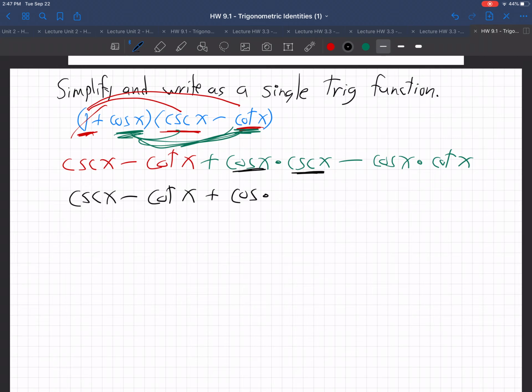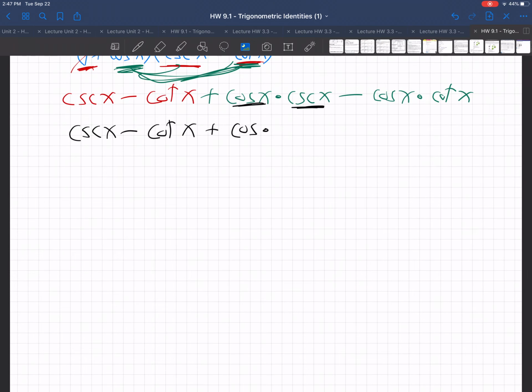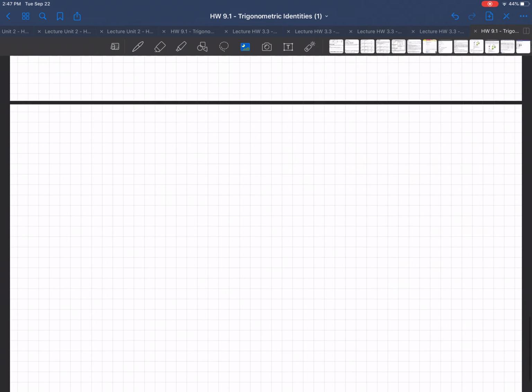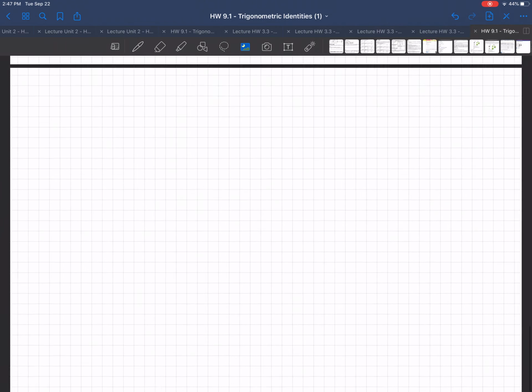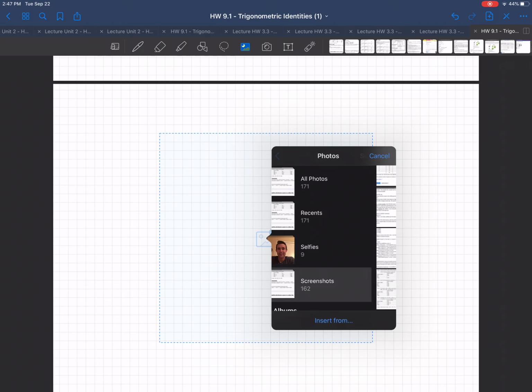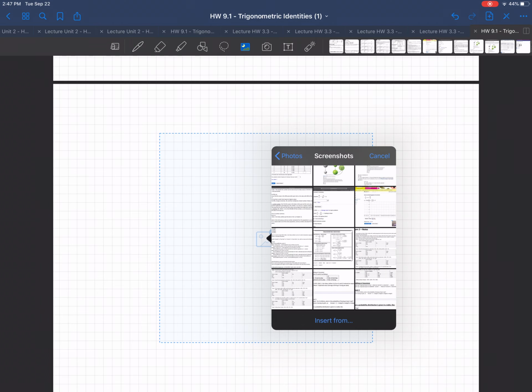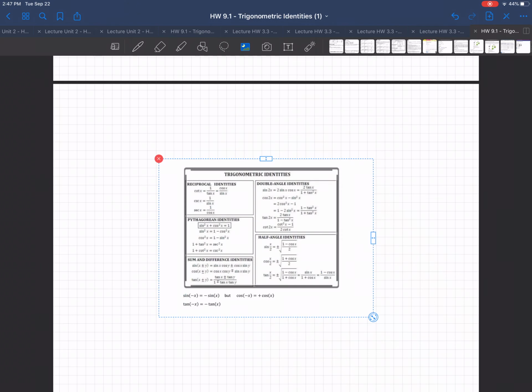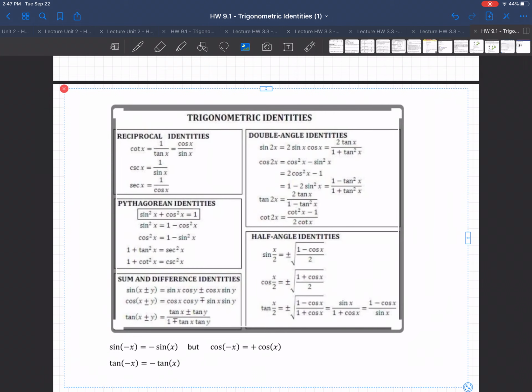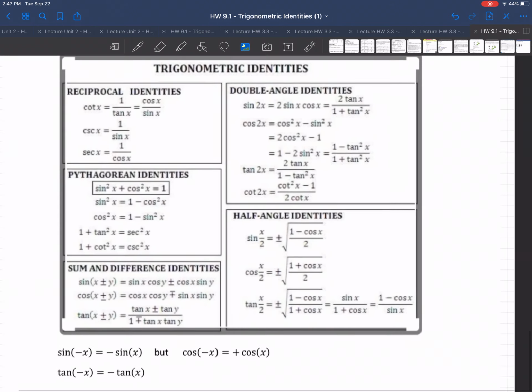Let me see if I can go grab the identities sheet. It's probably right down here. If I grab it, the identities. Yeah, there it is. So there's the trig identities.